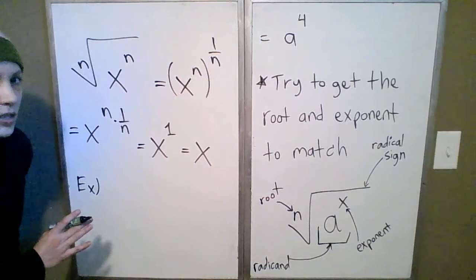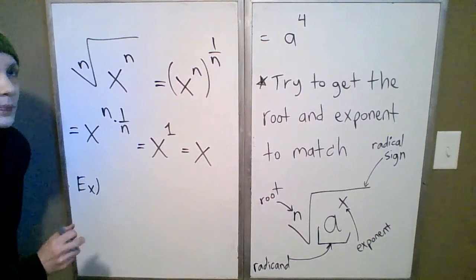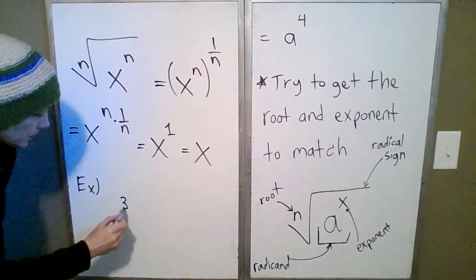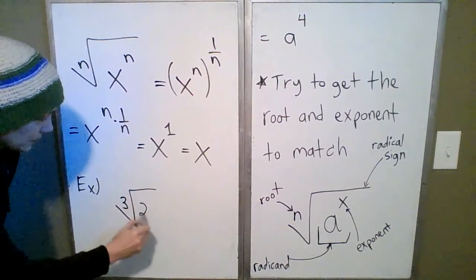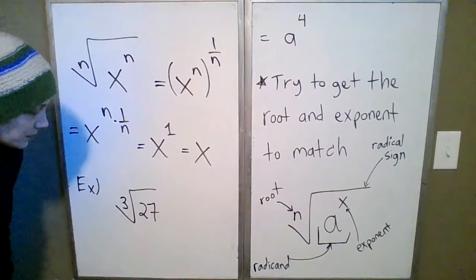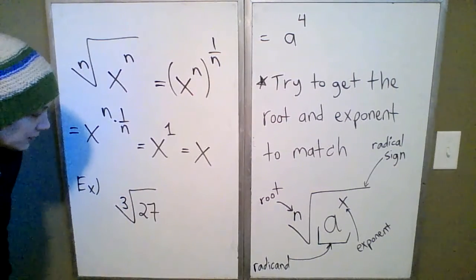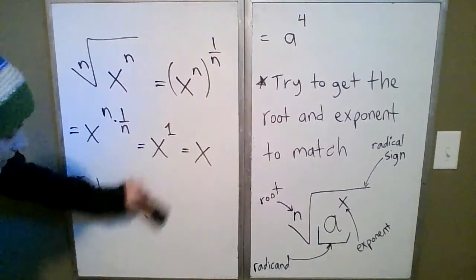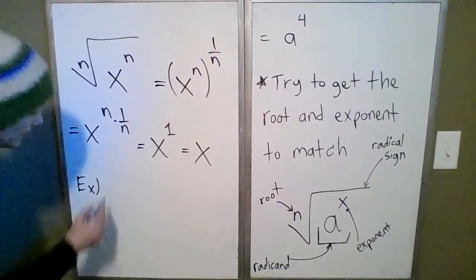So let's say you've got a cube root of 27. And let's introduce this. We're going to simplify the cube root of 27.